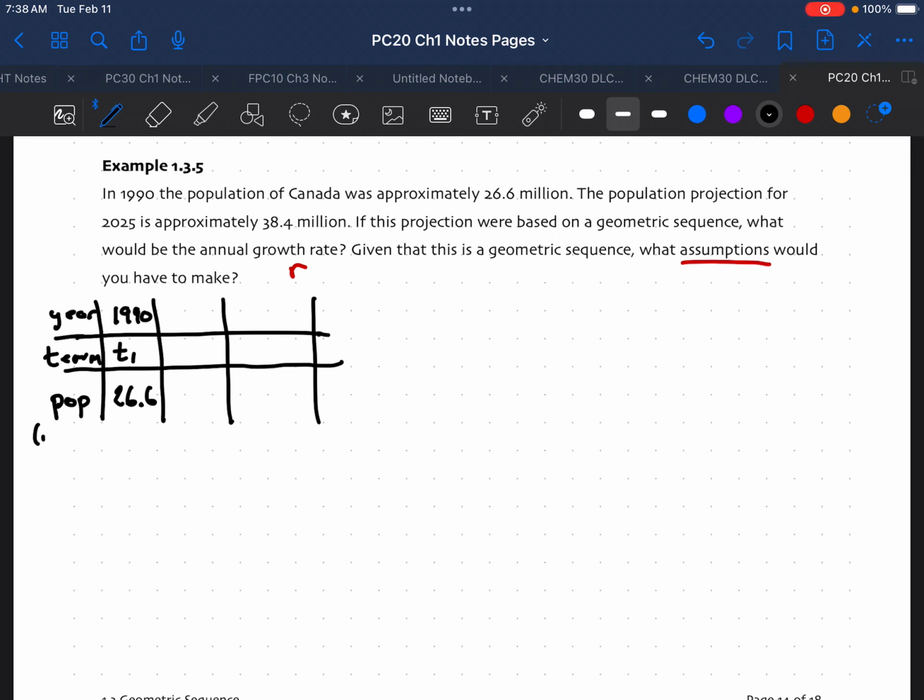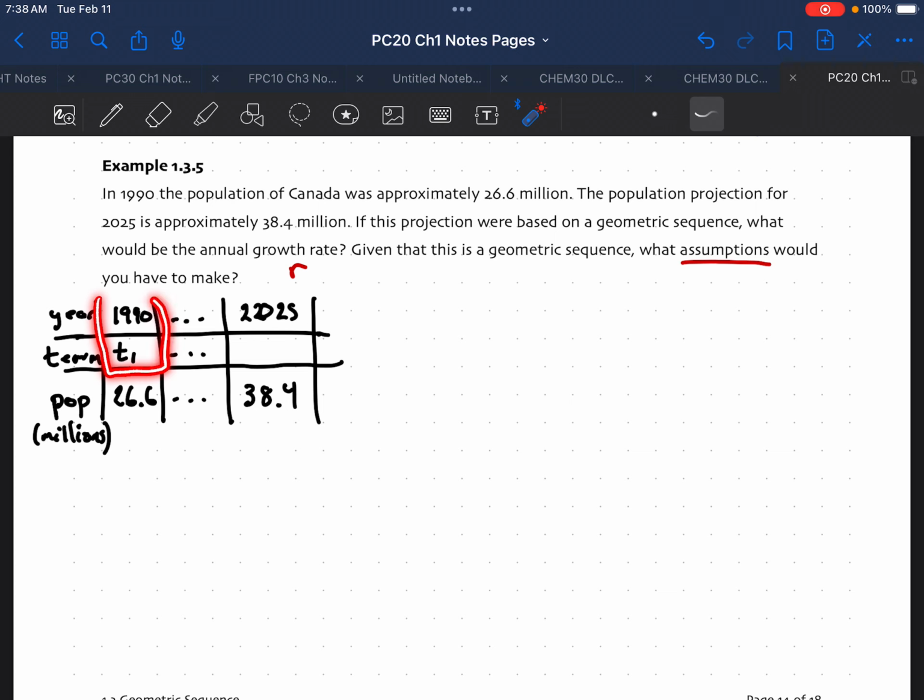Population is measured in millions. We don't need to write out the whole number, we just do millions. Then this goes up a whole bunch of times to 2025, and the population is 38.4 million.